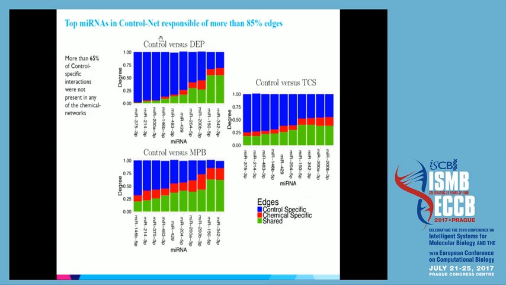This is proportional because it has been adjusted, divided by the total number of edges. These 10 microRNA are responsible for more than 85% of the edges in the control network. In DEP, we have these 3 microRNA that have a remarkable loss in connectivity compared to control, more than 90%. And we focused on those for further validation.